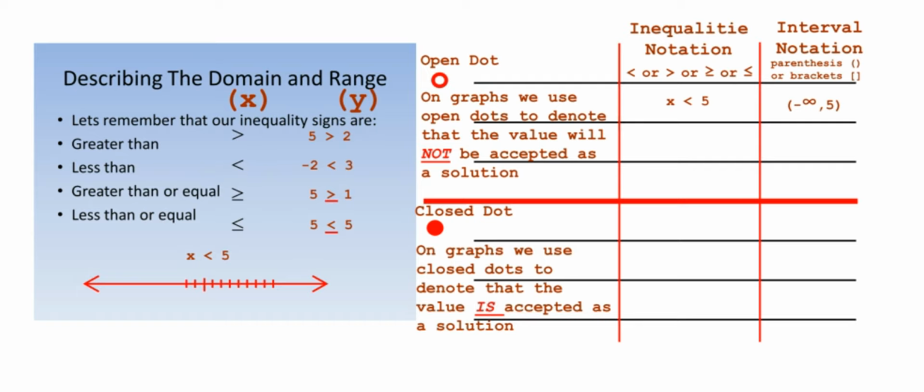So this is the x-axis, but before we call it x-axis. Starts at 0 and works its way out in the negative and positive directions. Negative to the left, positive to the right. So since x has to be less than 5, that means 5 is not an acceptable solution. So we draw an open dot with an arrow going to the left in this case.